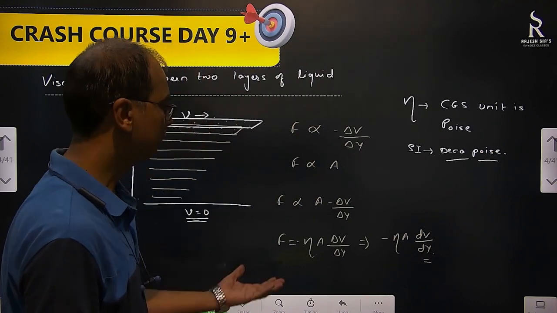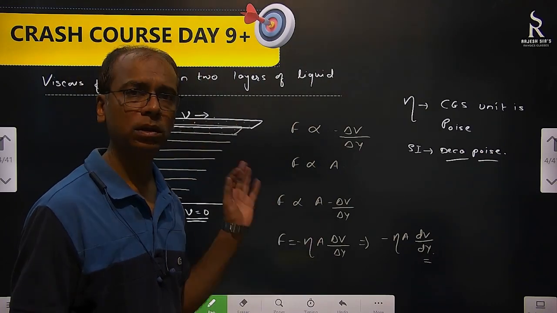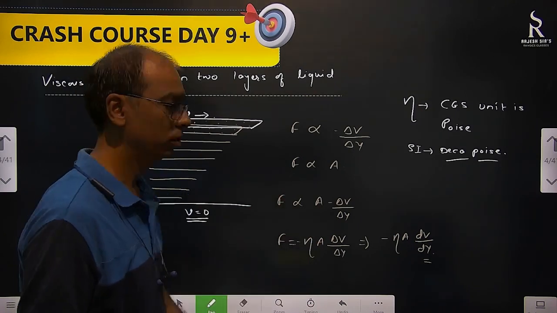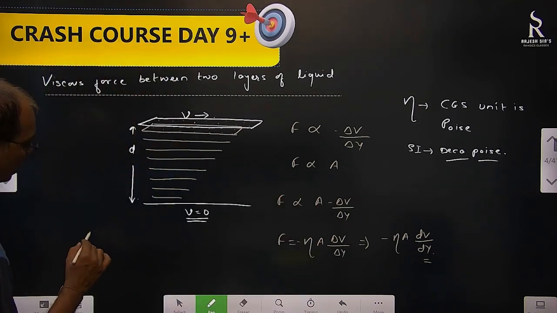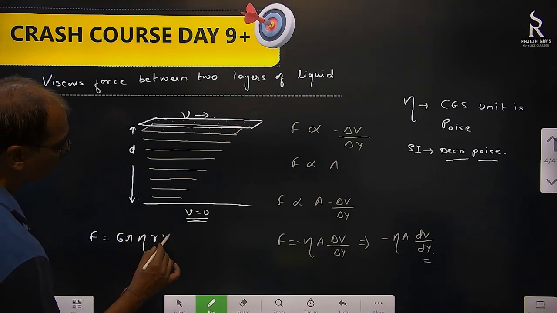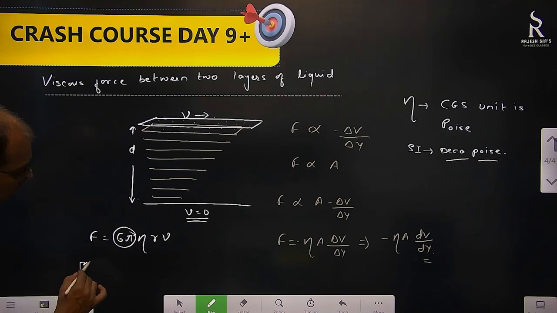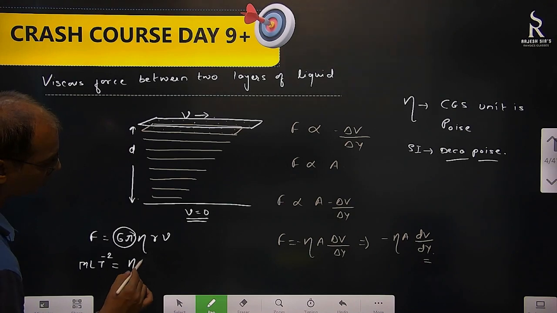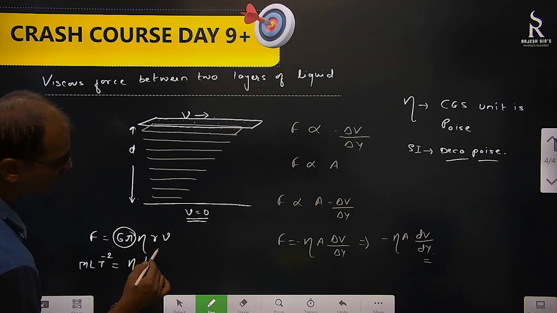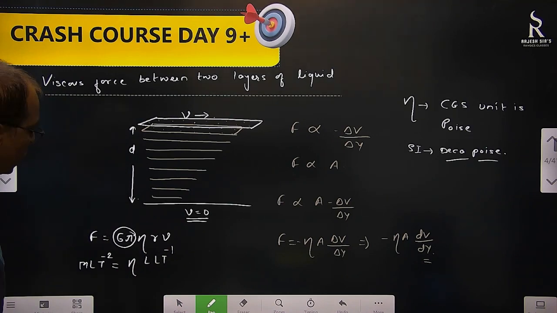Okay, dimensions we can write, but dimensions we can write from here also, we can write from 6 pi eta RV also. So if suppose 6 pi eta RV we use, now 6 pi is anyhow constant. So its dimensions are M, L, T minus 2. Eta's dimensions we want. R dimension is L, V dimension is LT minus 1. So what we are getting?